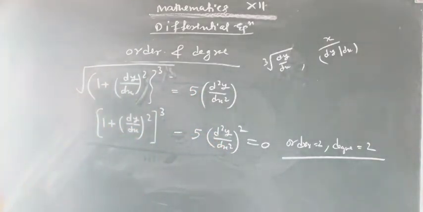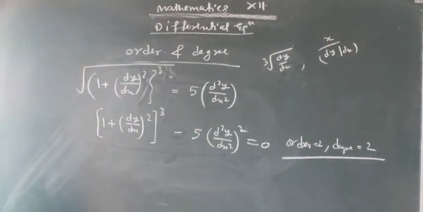Okay? Thus, we conclude that the degree of a differential equation is the degree of the derivative of the highest order occurring in it, after the equation is freed from radical signs and fractions in the derivative.